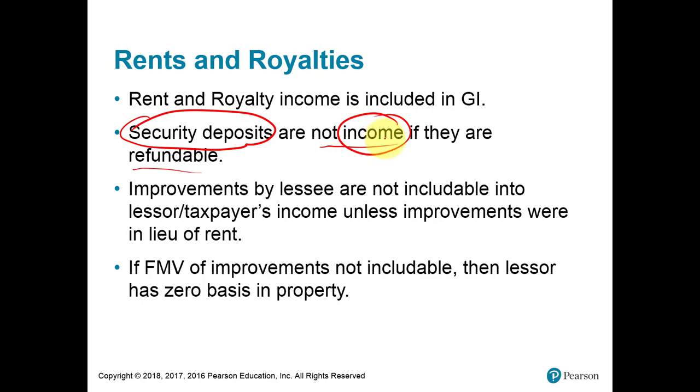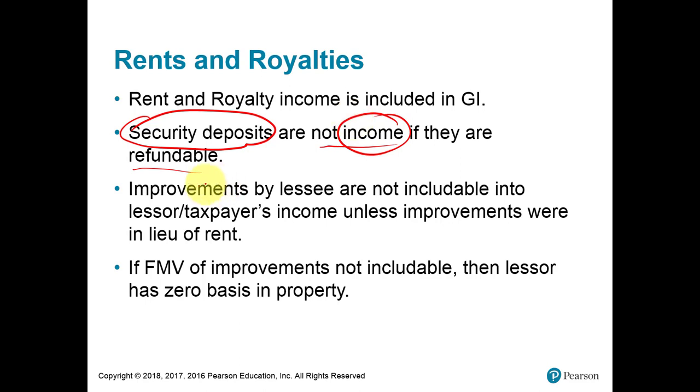Even though you're keeping the money because of damages, that is income to you at that point. Now, of course, you're going to spend it and possibly get to deduct the cost of the repairs or replacement. But the security deposit eventually you do keep, be it for rent or be it for damages. At that future point, it becomes income.